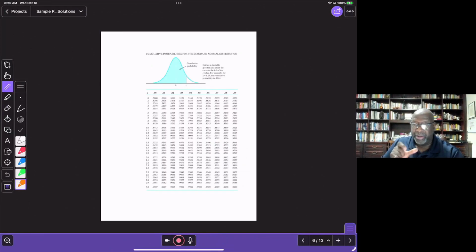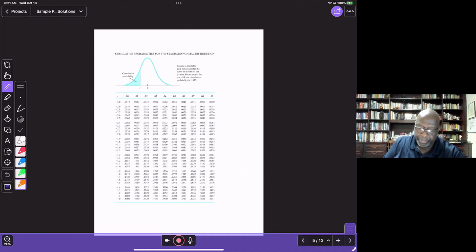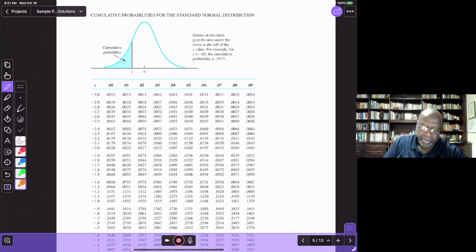So if I'm looking for the area in the tail, rather than use this side, I'm going to use this one. And 3.09, the area to the right of 3.09 is the same as the area to the left of negative 3.09. So if we look over here in the table, this is negative 3.09.